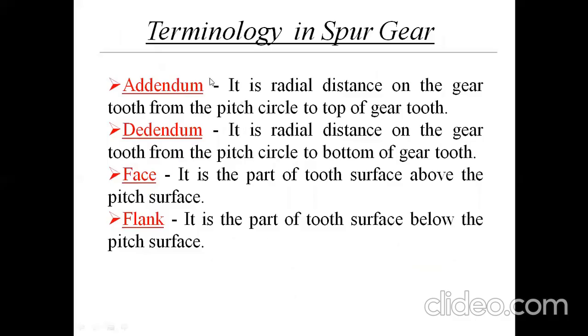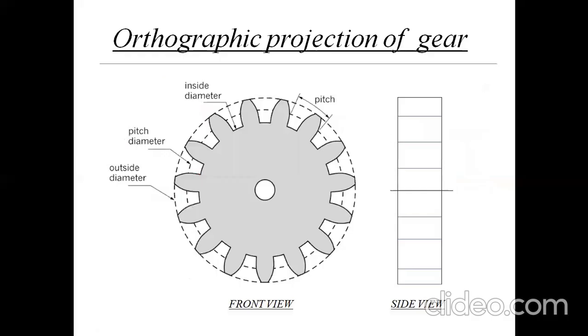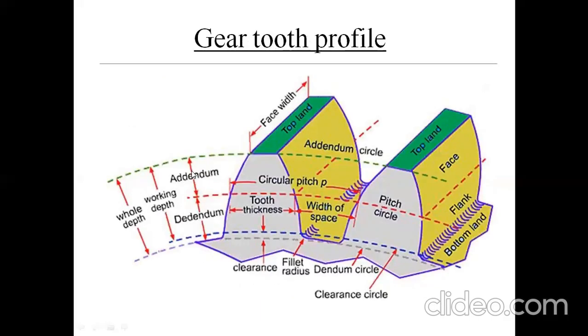Next is addendum. It is the radial distance on the gear tooth from the pitch circle to the top of the gear. Again, you can see in this figure, it is a radial distance. This line passes through the center of the gear. This distance is measured radially from the pitch circle to the addendum circle.